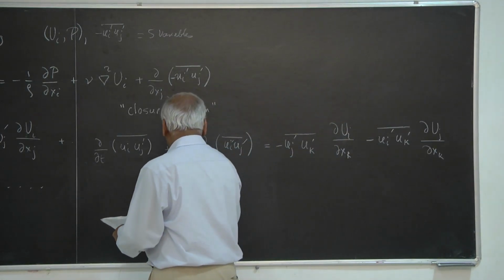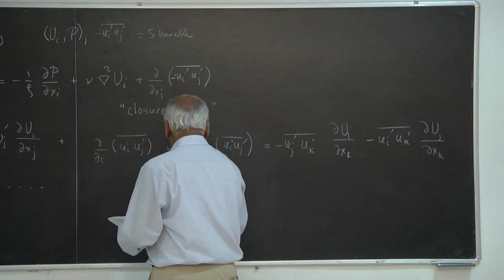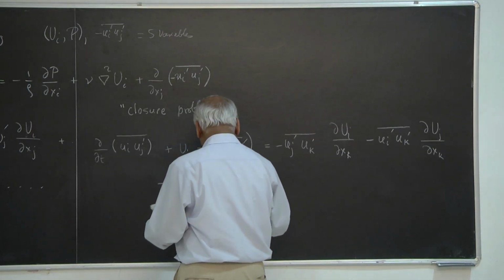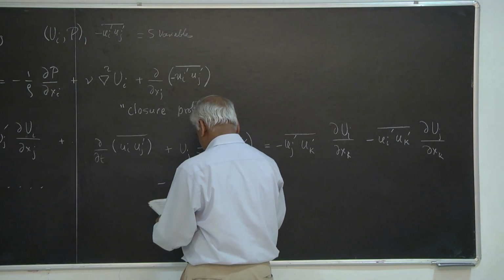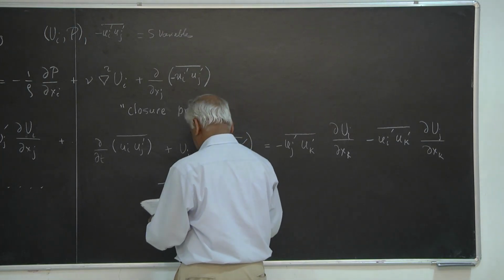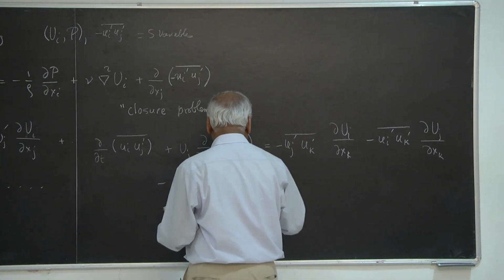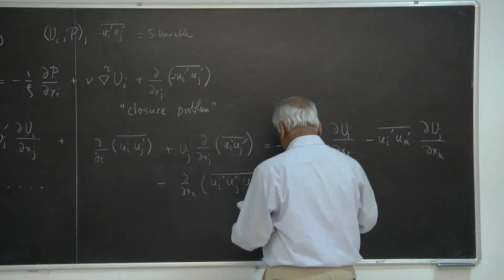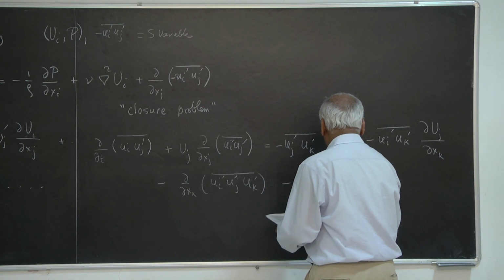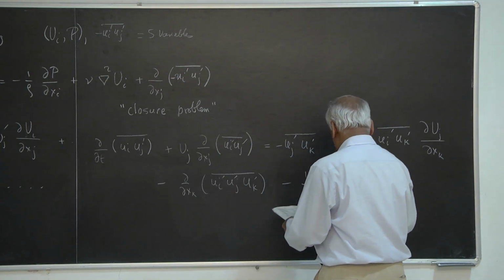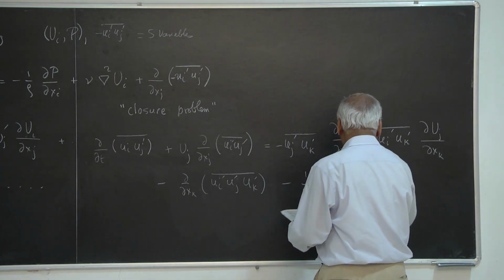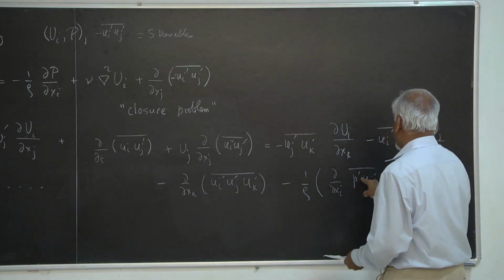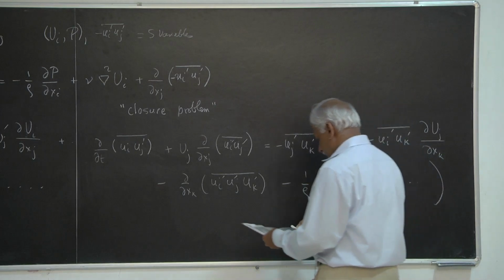And I have minus d by dxk of ui prime uj prime uk prime, all of that, minus 1 by rho d by dxi of p prime uj prime, plus another term like that, which is d by dxj of p prime ui prime.